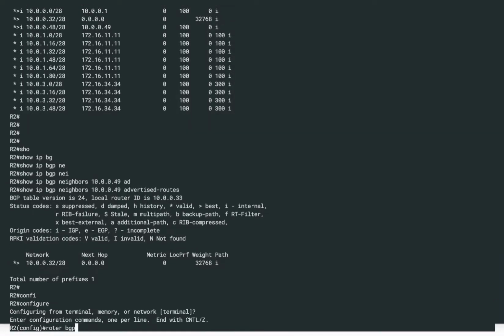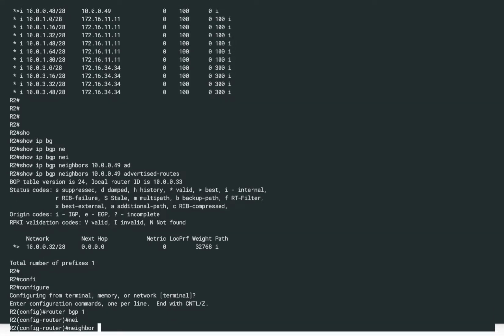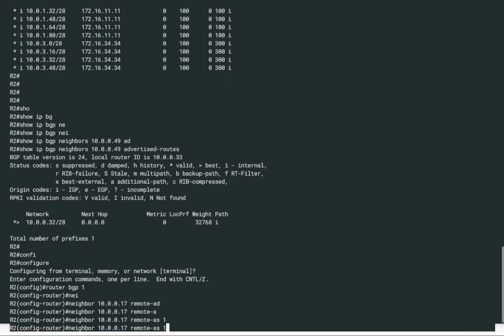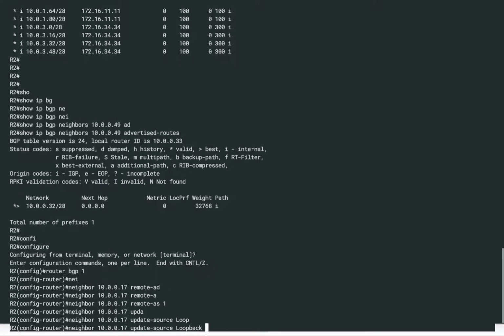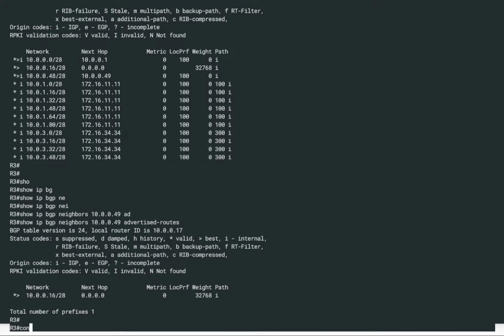So we'll go to router BGP and configure a neighbor. On R2, we are configuring a neighbor towards R3 and vice versa. So the neighbor is 10.0.0.17 with a remote AS of 1, and again the update source utilized is loopback 1. Write that down on R2, and let's go towards R3.